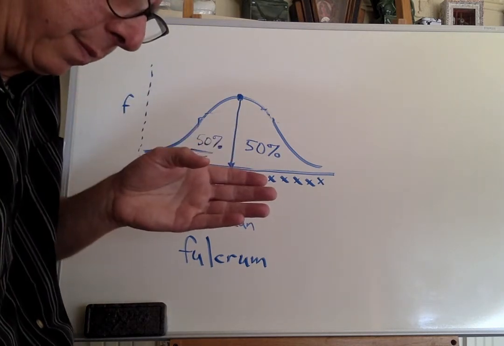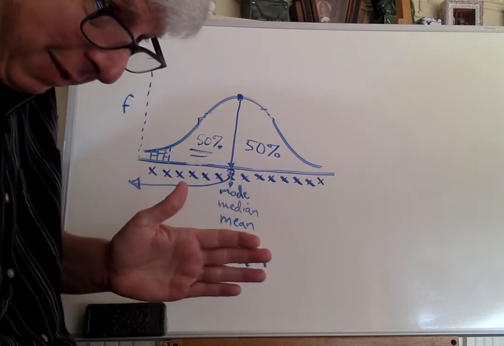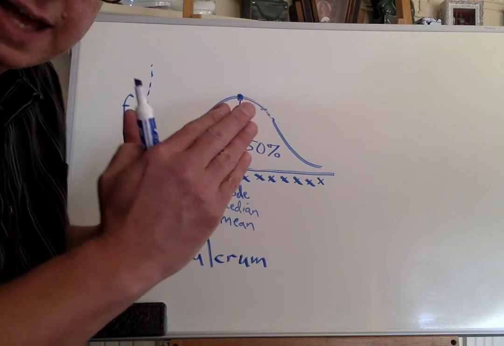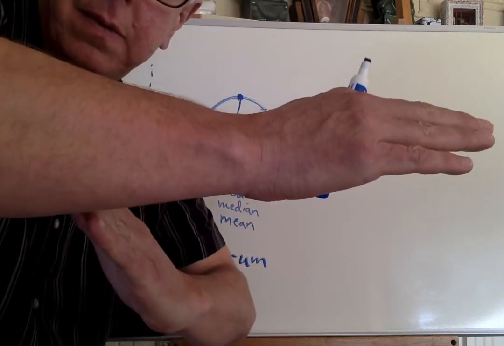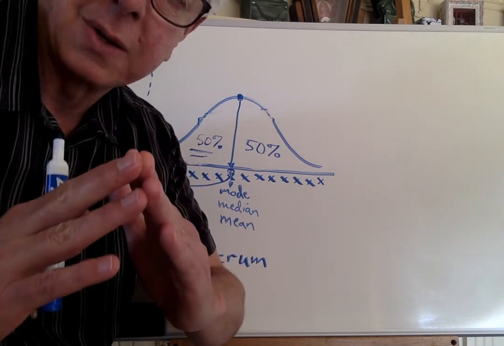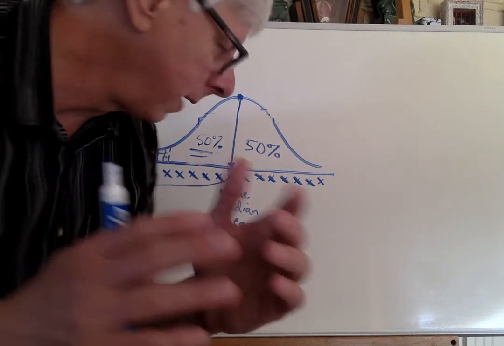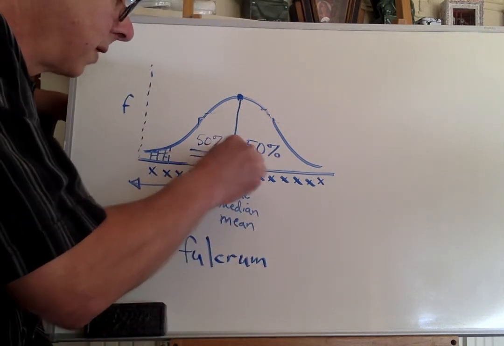Do you know what a seesaw is? Or a teeter-totter in the playground? That teeter-totter balances, right? And that balance point is called the fulcrum. And so what we're going to do here, remember these are all blocks underneath here.